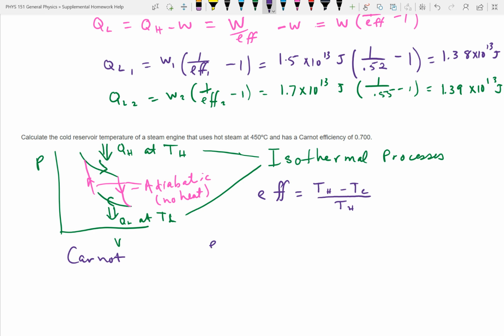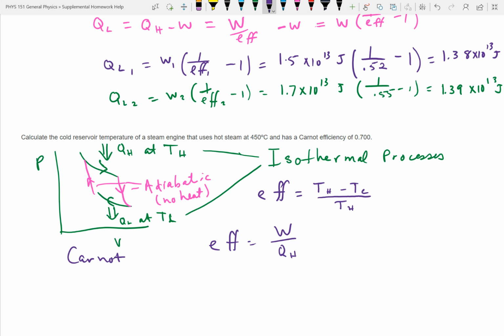Now remember, efficiency is equal to the work out over the heat in, right? And so the heat in is, of course, at temperature high. And it turns out that when you do the calculations, the heat is proportional to the temperature if you're on an adiabatic curve.